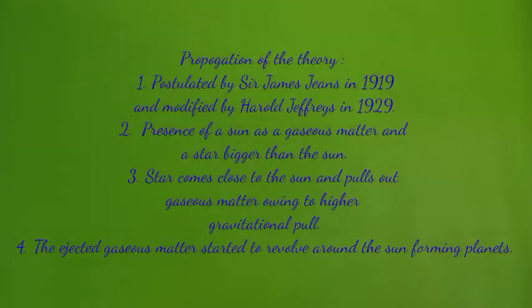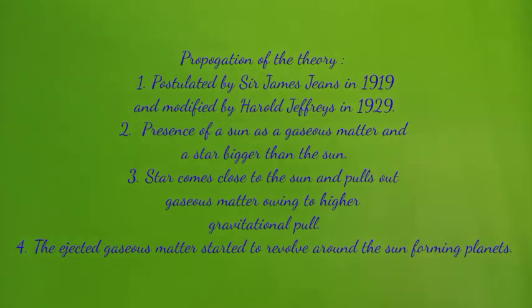So as this cigar-shaped gaseous matter ejected out of the sun, it did not return back to the sun, rather it followed the companion star, the bigger star, because the star had much more gravitational power to pull than the sun.